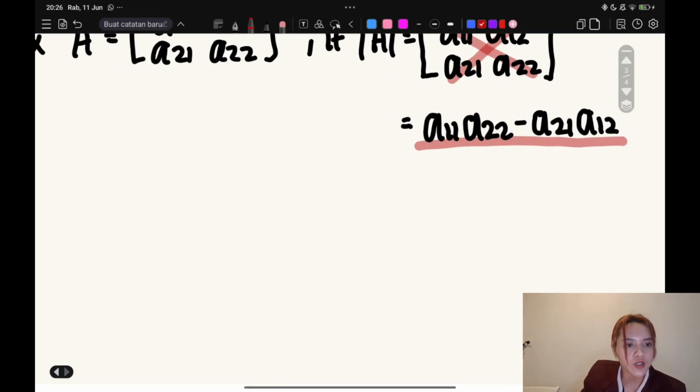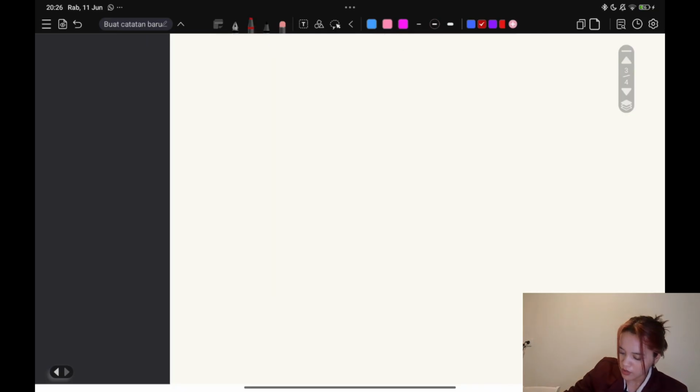And then the determinant of a three-dimensional matrix can be solved using the Sarrus method.